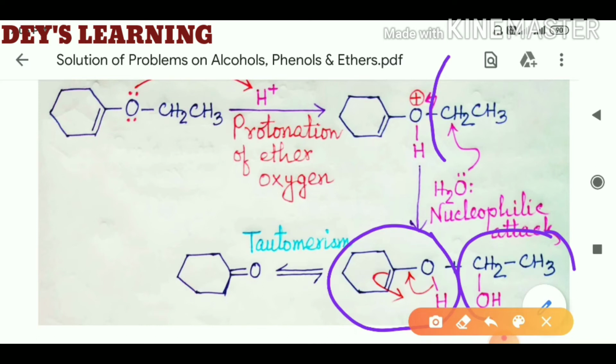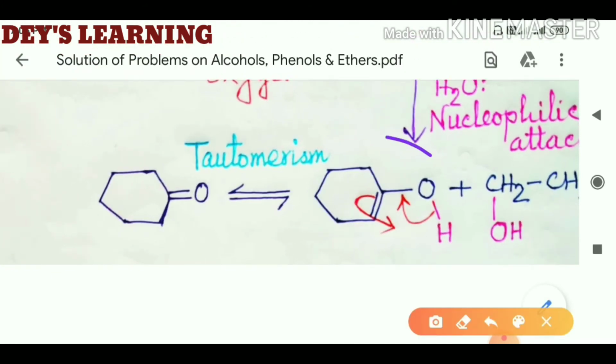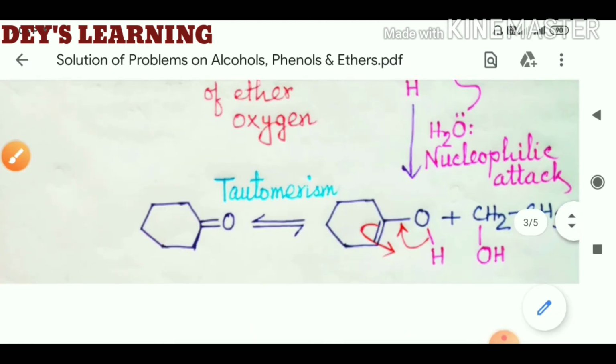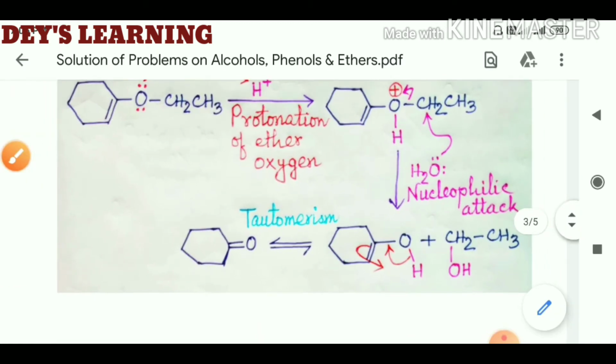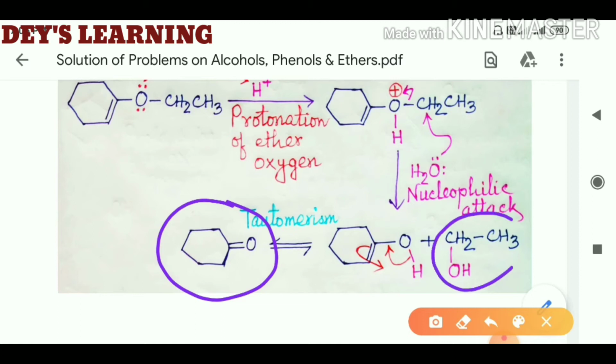In the left portion, this is actually an enol, ene plus ol, and tautomerism of this enol form will produce the keto compound. This is your cyclohexanone. So the two final products of this reaction are of course cyclohexanone and the ethanol molecule.